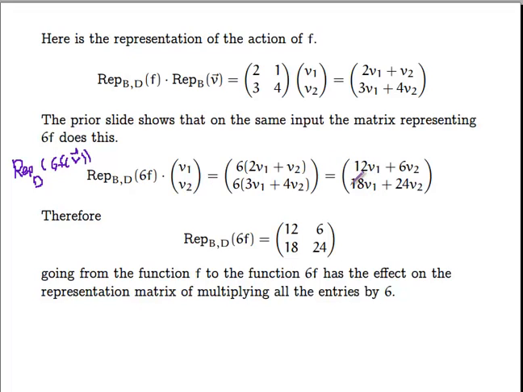Now we can rewrite this as v1, v2 times this matrix 12, 6, 18, 24. I'll just write that there. What that means is that we can replace this original matrix 2, 1, 3, 4 with 12, 6, 18, 24, and that gives us the representation of the function 6f.